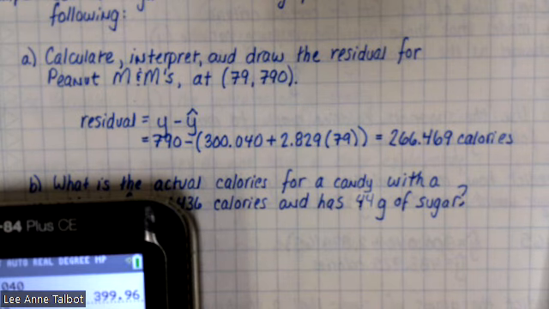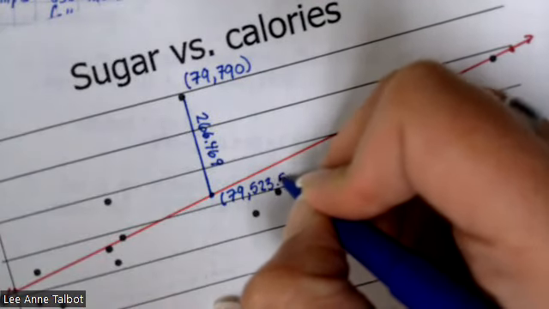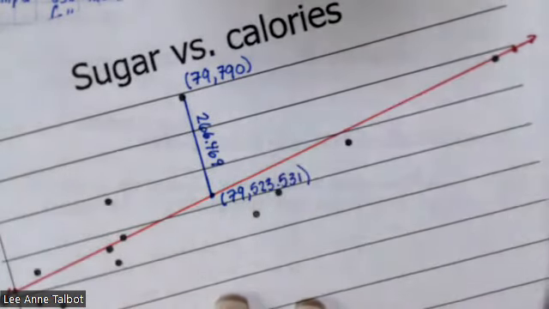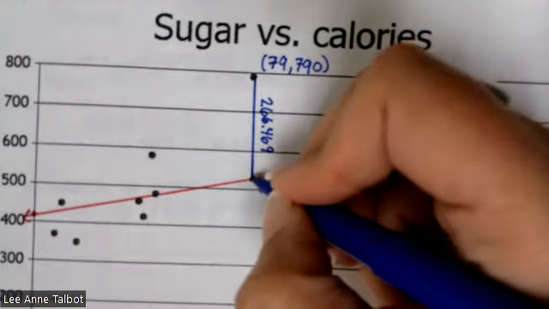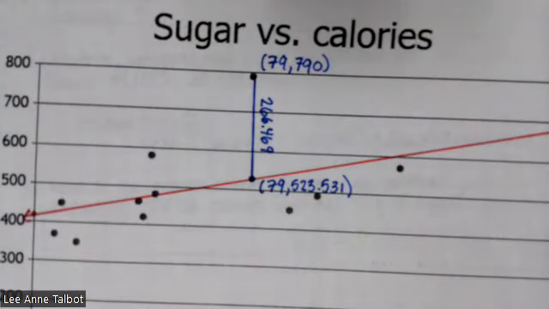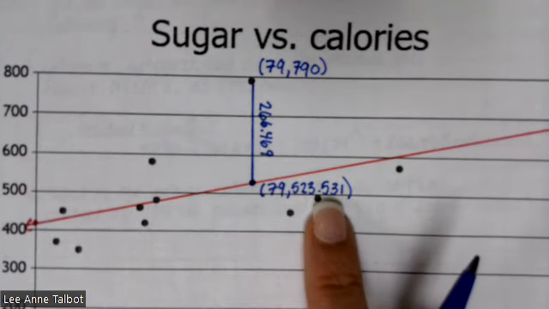That's a plus. 523.531. Do you guys understand where I got the 523.531 from?